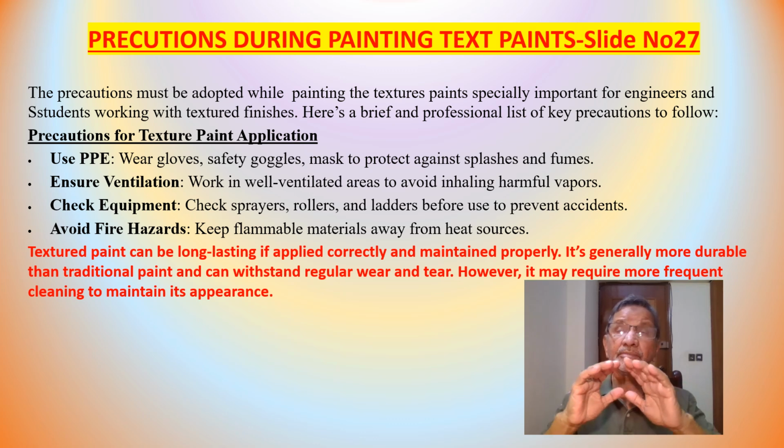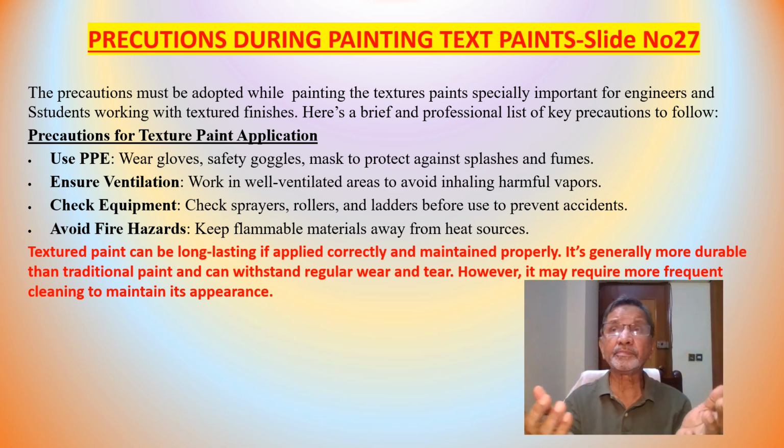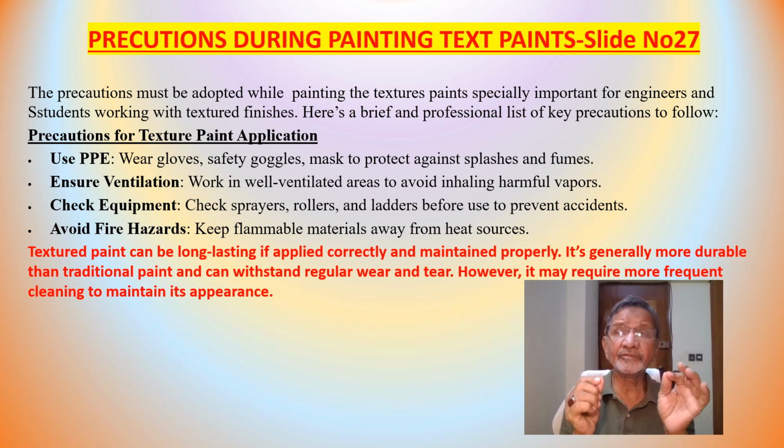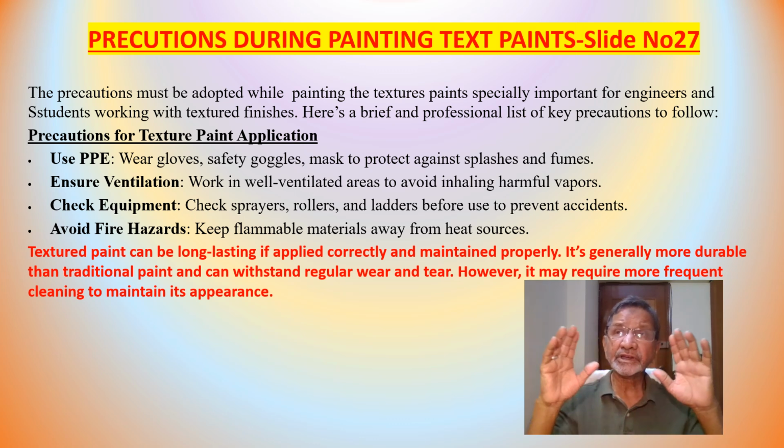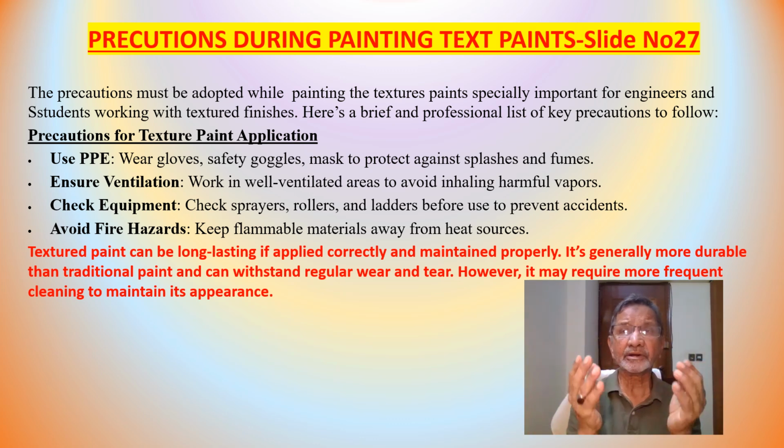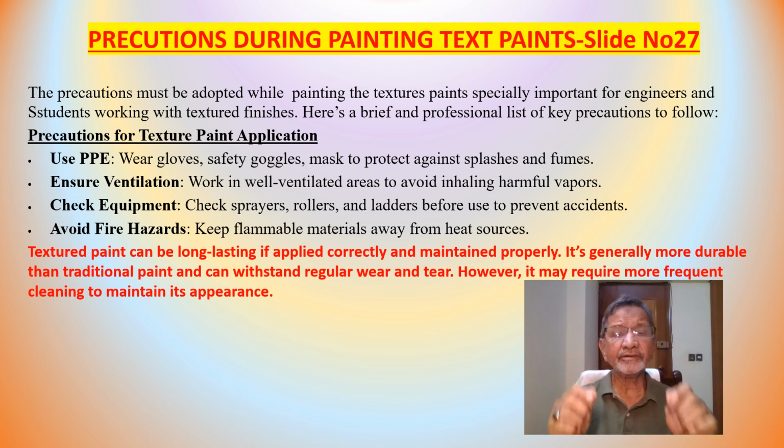Ensure ventilation. I mean the area which you are going to paint must be well ventilated, because the texture paint fumes are hazardous and can affect your health. Check the equipment, like the sprayer, the brushes, the rollers, everything has to be checked and found okay for the painting, because when you start the painting you cannot stop it like that.